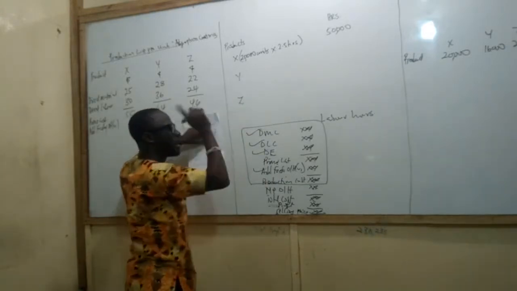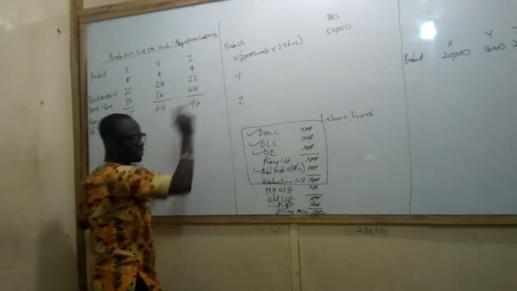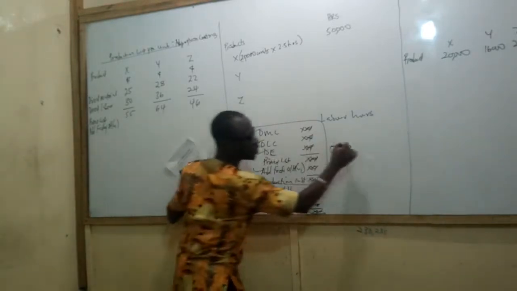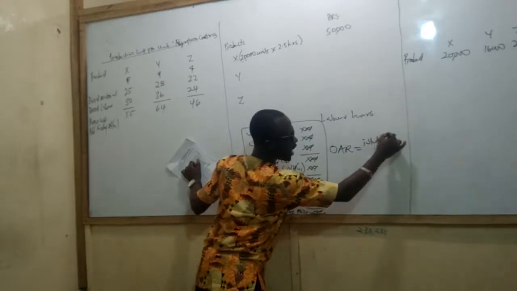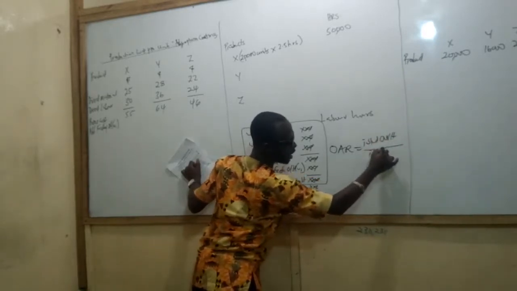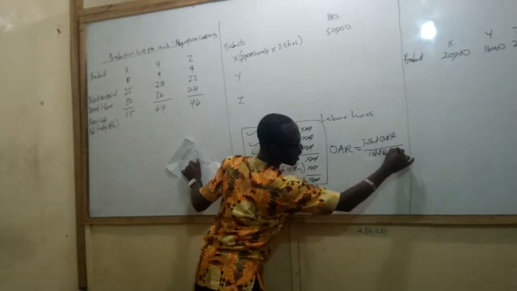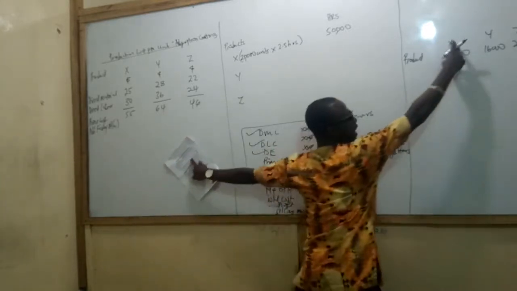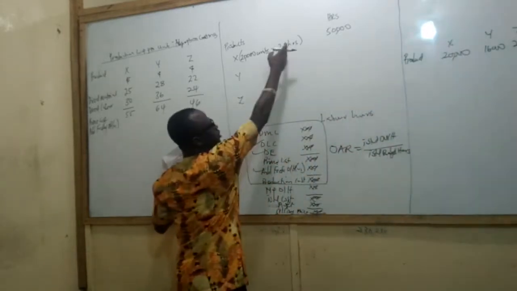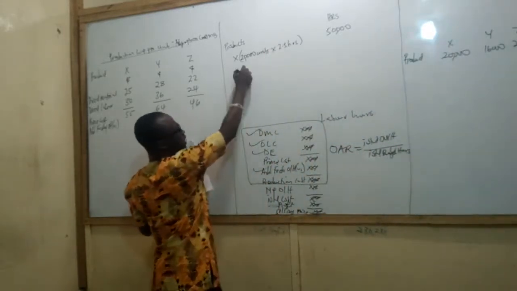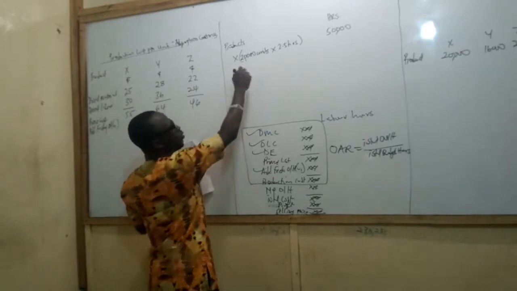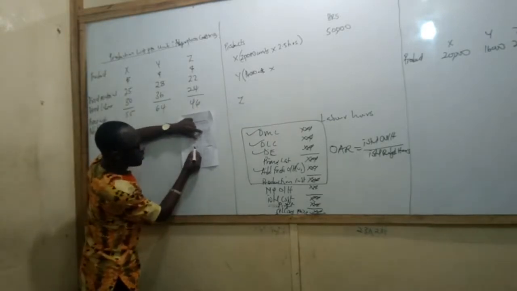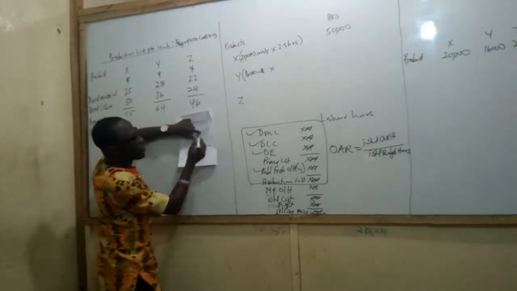That is per unit. Remember, why are we doing this workings? Because we need overhead absorption rate. What is overhead absorption rate? The total overheads divided by the total budgeted hours. So to get the total budgeted hours, we must multiply the units produced with what? The hours per unit. That's why we are doing this. So Y is 16,000 units times Y's hours per unit, what is the per unit? 3.